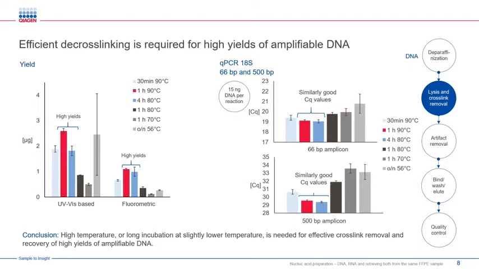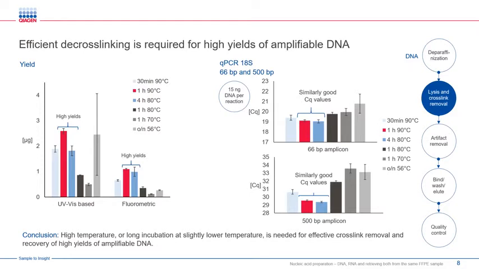But what is important when you look again at the qPCR results on the right, and again here the DNA input is normalized, you can see that in this case the 56 degree incubation is not good enough, even if you do it overnight. The best results really by far are those obtained after 1 hour at 90 degrees and pretty much the same for 4 hours at 80 degrees.